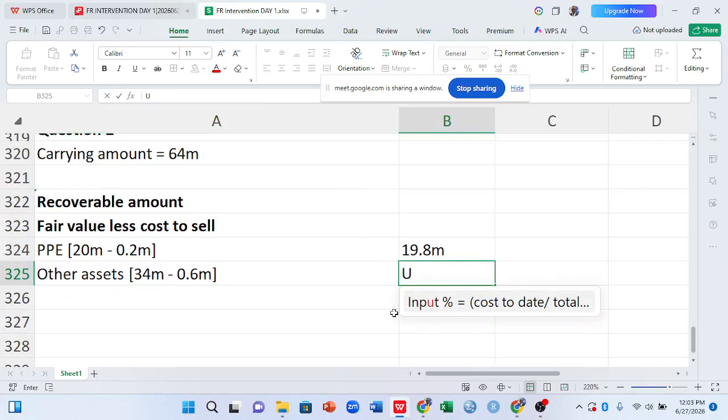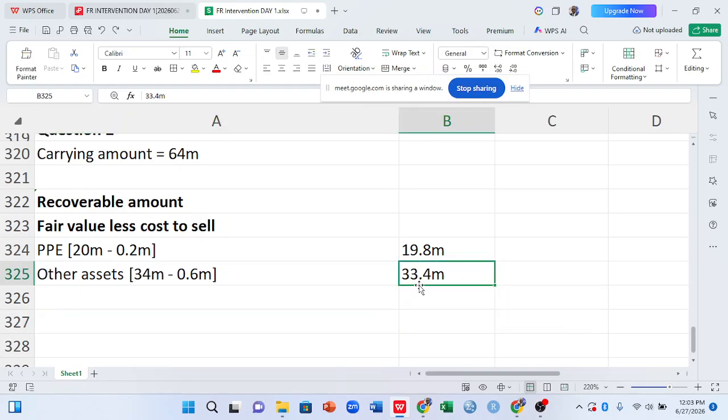Then when you're done, sum the two up. So what do we get when we sum the two together? 19.8 plus 33.4, 53.2 million. So that's our fair value less cost to sell.